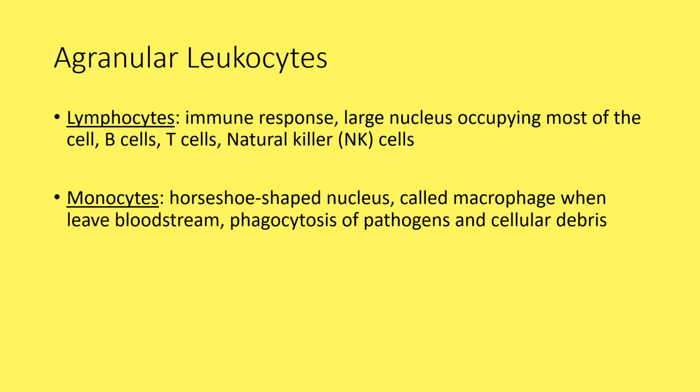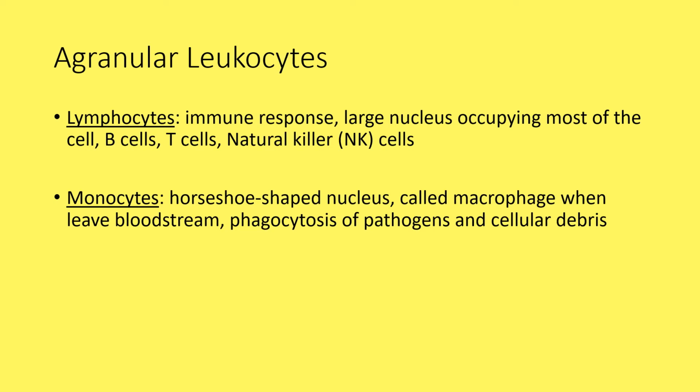The other type of agranular leukocytes are the monocytes. They tend to have a nucleus that's kind of a U or horseshoe-shaped. When it's in the bloodstream, they're called monocytes. They will often leave the bloodstream and migrate into the interstitial fluid, kind of on this reconnaissance.